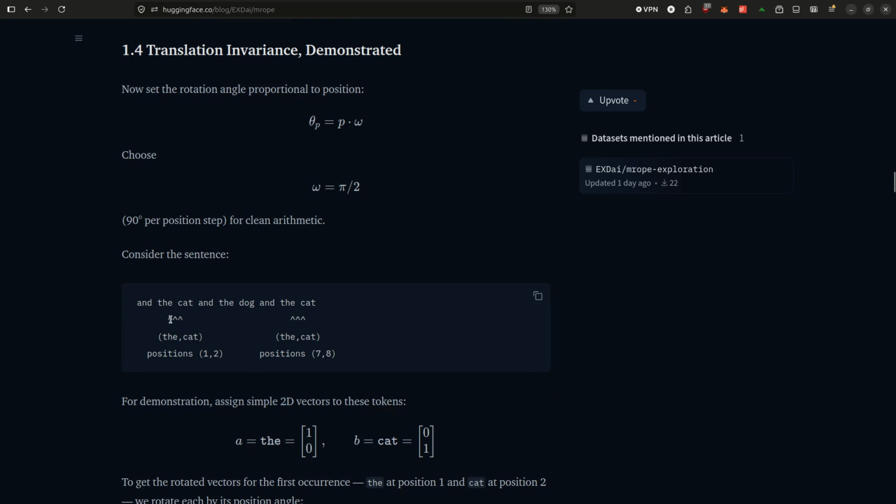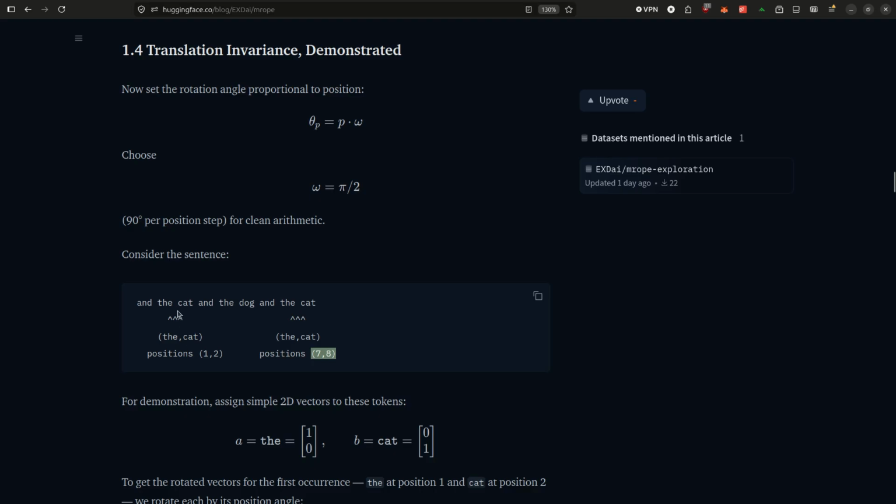So suppose I get two vectors here for this sentence. We have the and cat in two different parts of the same sentence. Here it's got positions 1 and 2, and here positions 7 and 8. The way cat is related to the is the same.